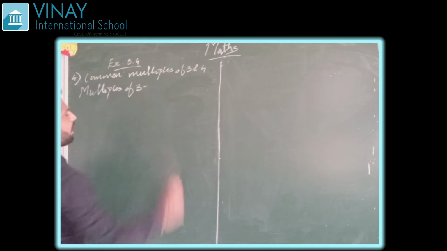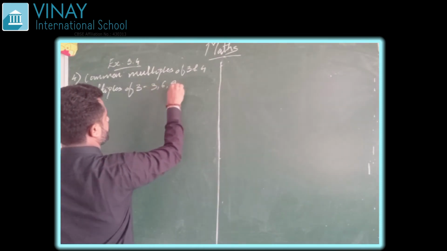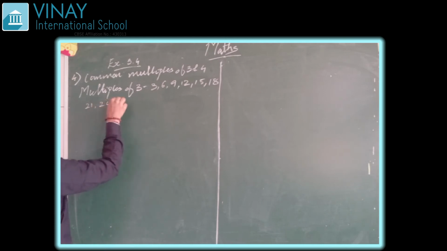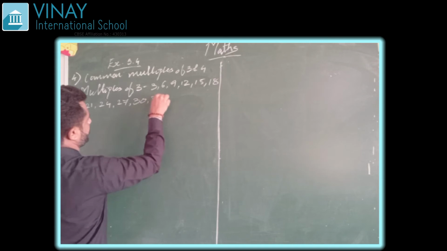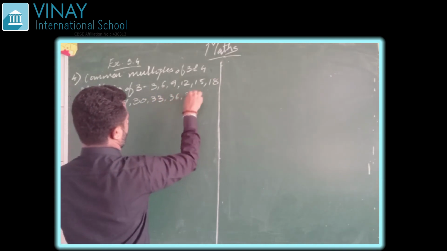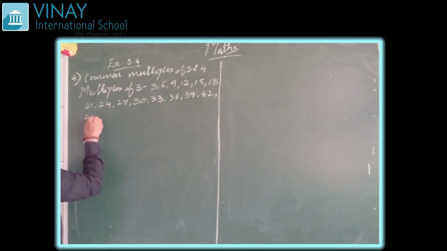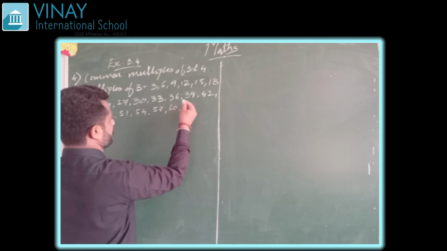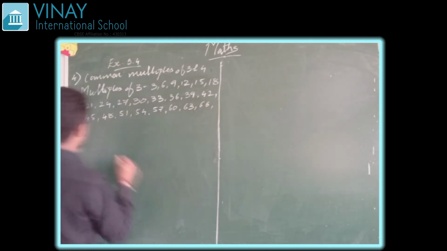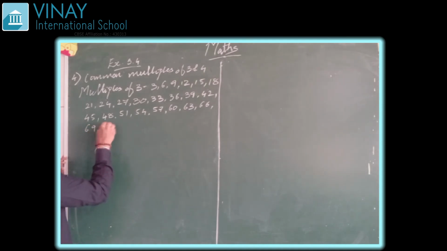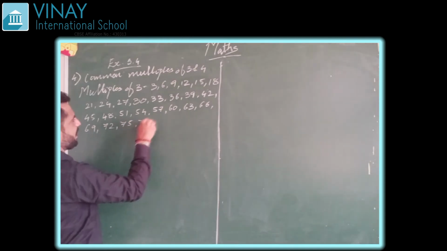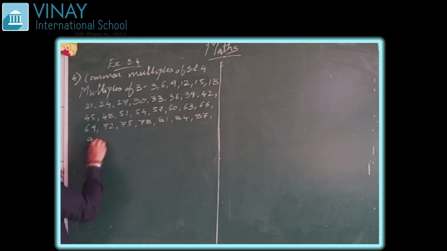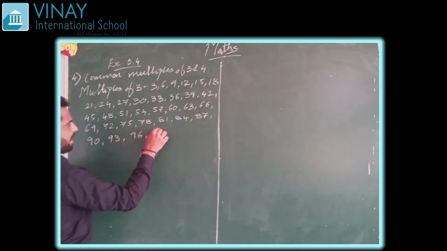Multiples of 3 which are less than 100 are 3, 6, 9, 12, 15, 18, 21, 24, 27, 30, 33, 36, 39, 42, 45, 48, 51, 54, 57, 60, 63, 66, 69, 72, 75, 78, 81, 84, 87, 90, 93, 96 and 99.